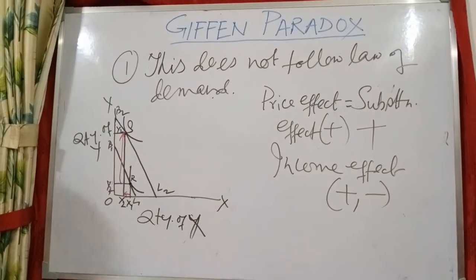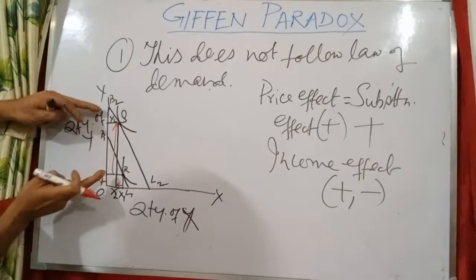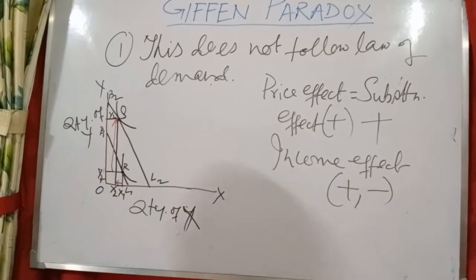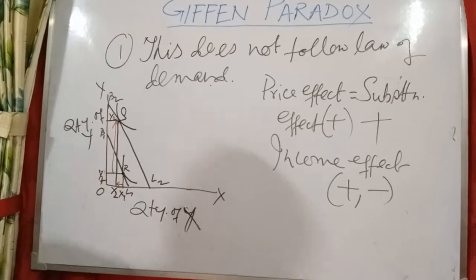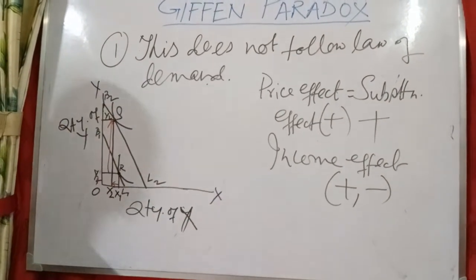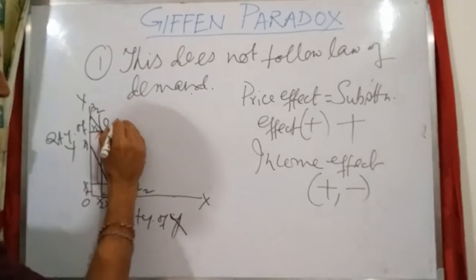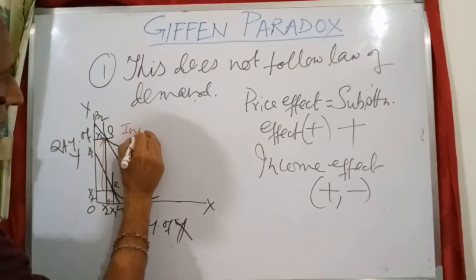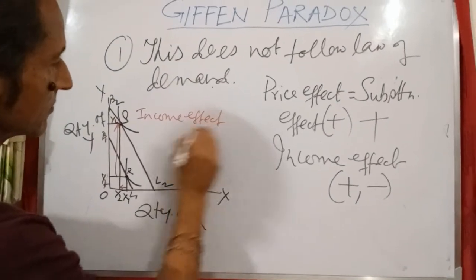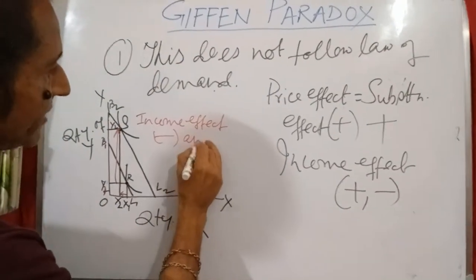So consumption of Y has increased by this much, and consumption of X has fallen by this much. Here in this case, the income effect is negative and very strong.